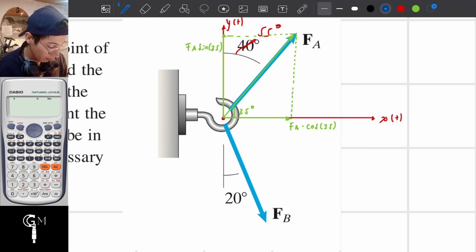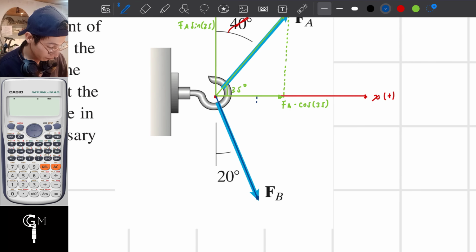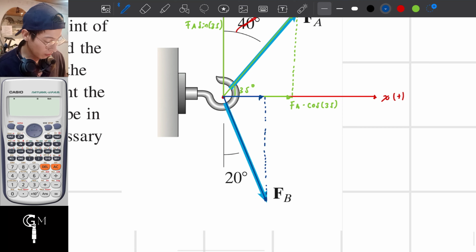Now, in the case of FB, because of the same reason, this angle is equal to 70 degrees, 90 minus 20.